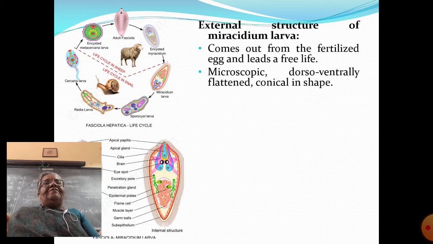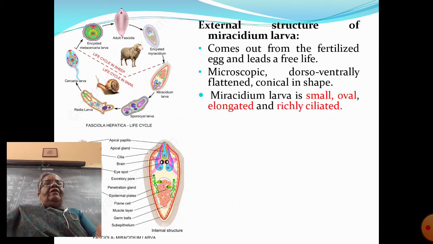It is dorsoventrally flattened, you can see from the diagram below, and you can also make out the shape, it is conical in shape. It is small, oval or conical and richly ciliated. You can see the cilia being present all over the surface of the body of the larva. Okay.